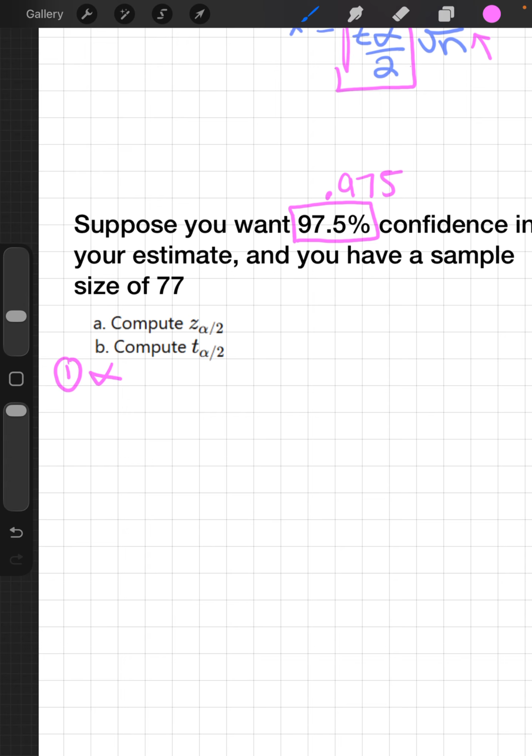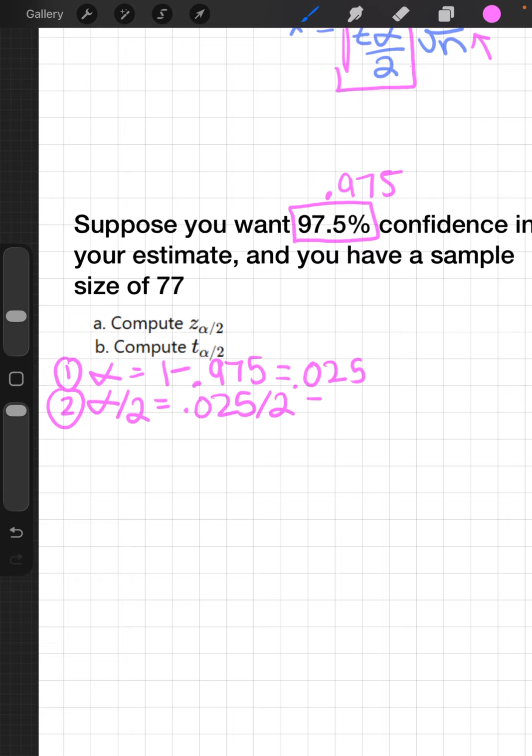Alpha is 1 minus our confidence interval, which is 0.025. And then we're going to do alpha divided by 2, which gives 0.0125.